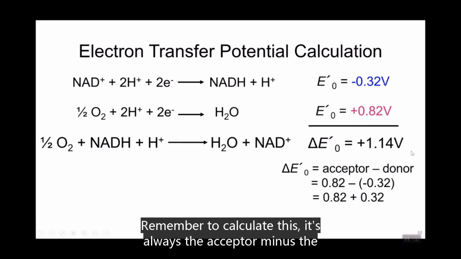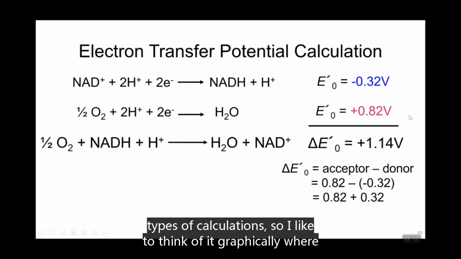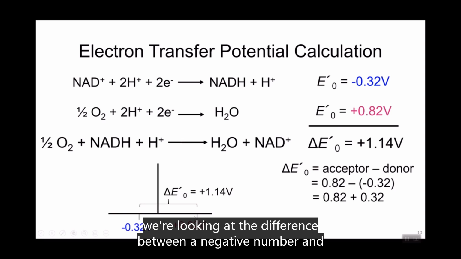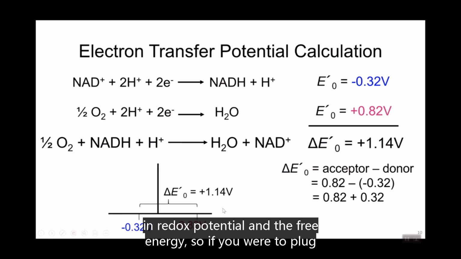Remember, to calculate this, it's always the acceptor minus the donor, or 0.82 plus 0.32. Now, I always get confused with these types of calculations, so I like to think of it graphically, where we're looking at the difference between a negative number and the positive number. There is a relationship between the change in redox potential and the free energy.